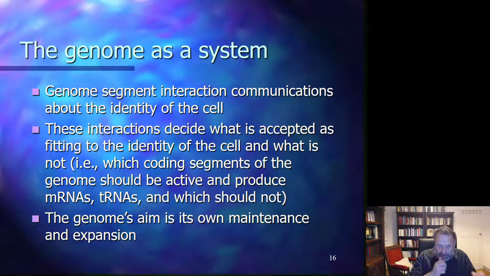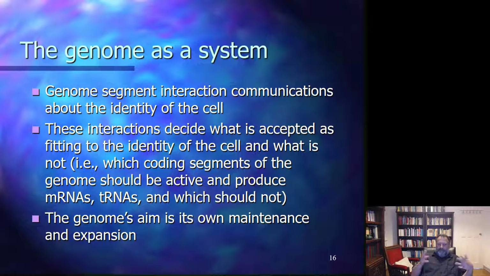So you can see the genome overall as a system where the molecular interactions involving parts of the DNA and RNAs constitute the genome as the information system of the cell, and this defines the identity of the cell in the sense that it defines what is acceptable and non-acceptable communication within the cell.